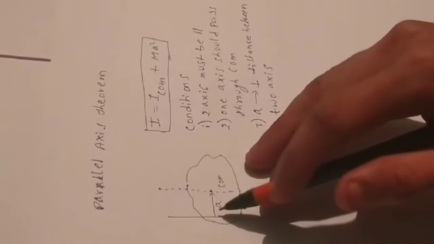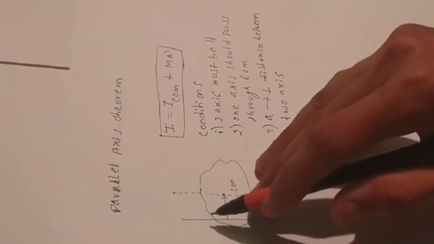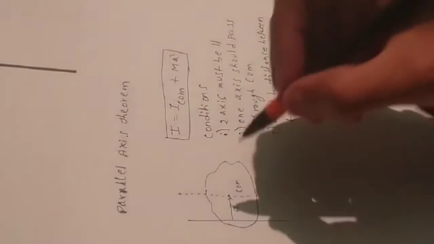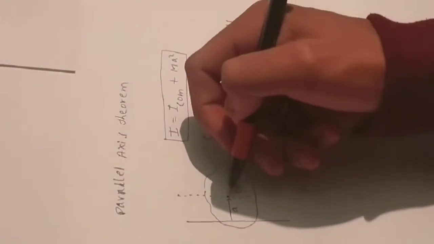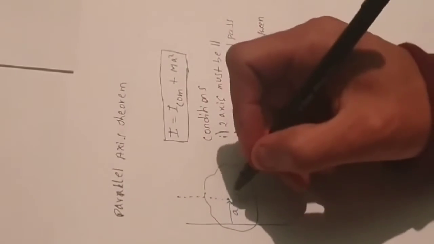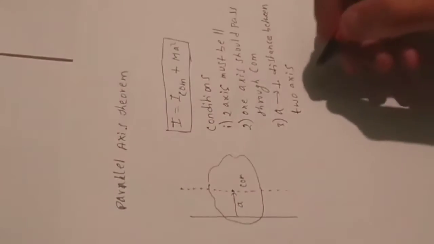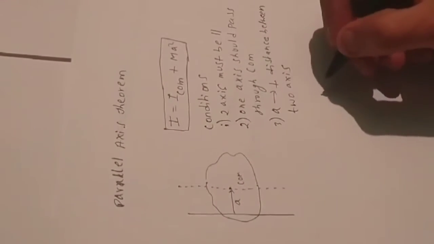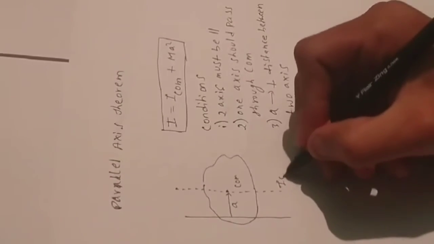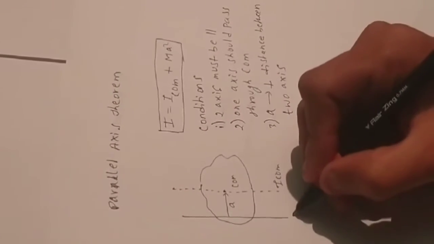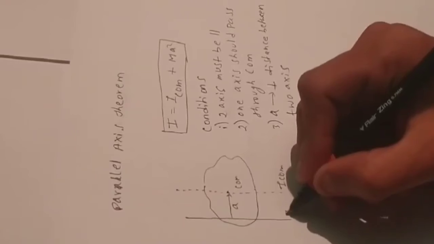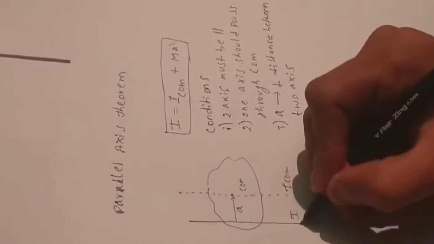As you can see, this aligns in the plane and this is going through the plane, so they are parallel to each other. Let us name this I center of mass, and denote this with I.